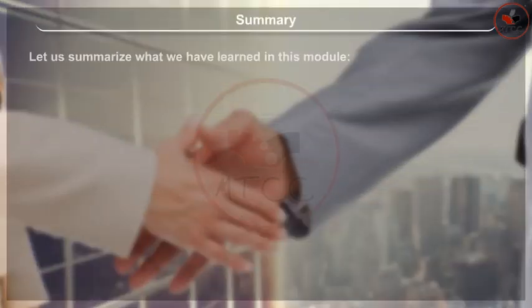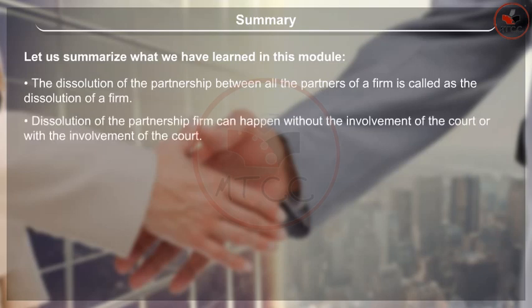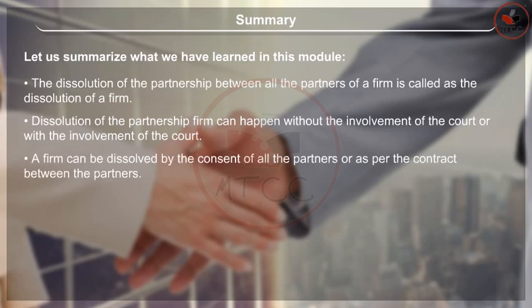Summary. Let us summarize what we have learned in this module. The dissolution of the partnership between all the partners of a firm is called the dissolution of a firm. Dissolution of the partnership firm can happen without the involvement of the court or with the involvement of the court. A firm can be dissolved by the consent of all the partners or as per the contract between the partners.